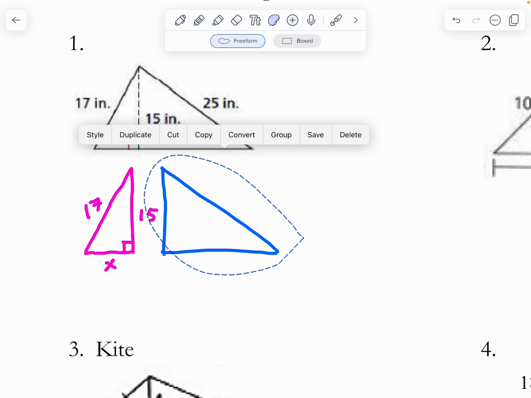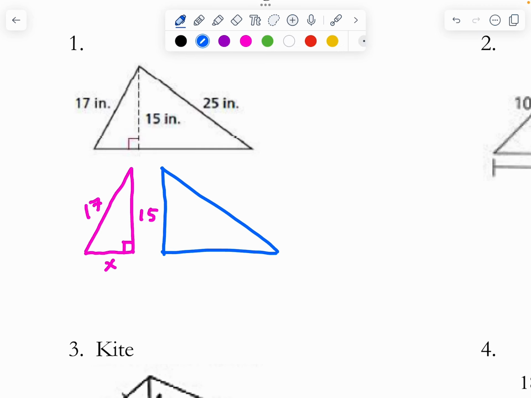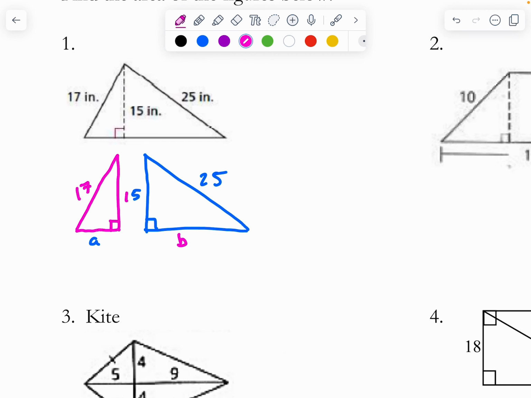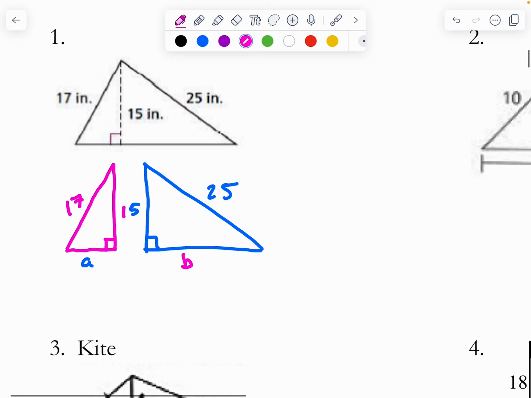I'm going to put that there so we can see that it's 15 for both and 25 here. 90 degree, we're going to call that Y. Even better, let's use A and B. So we have to know what those two parts of that big triangle are in order for me to find the entire base.